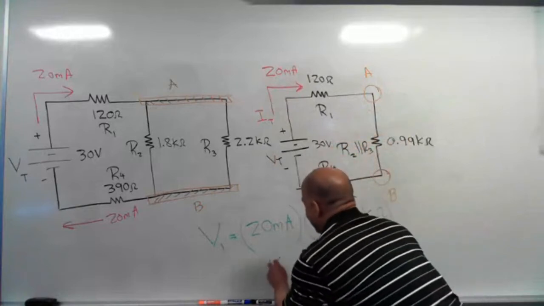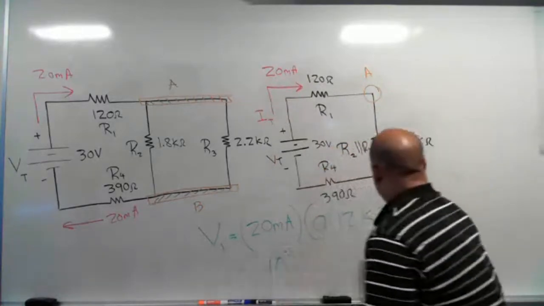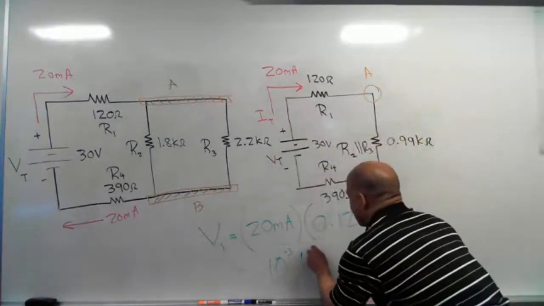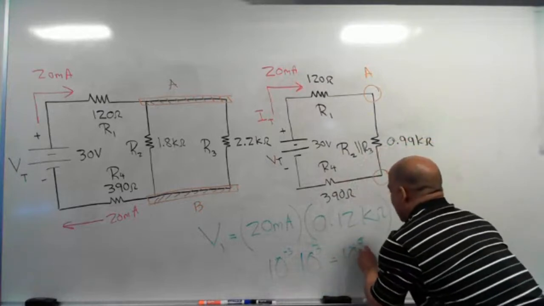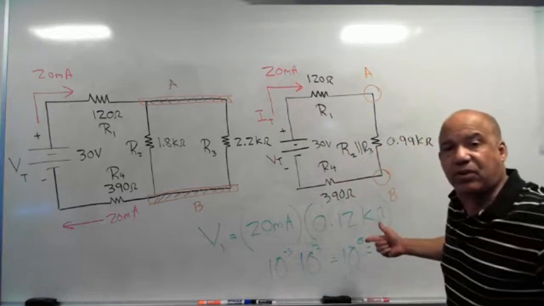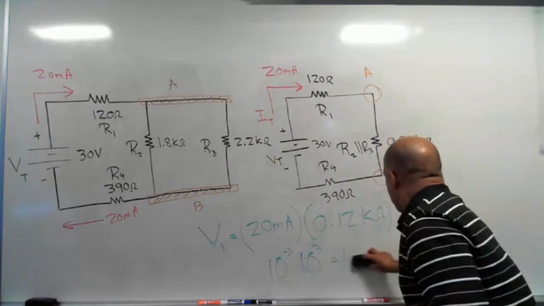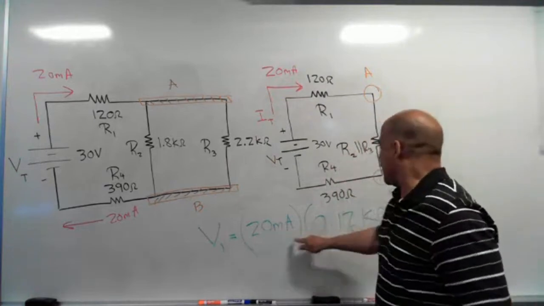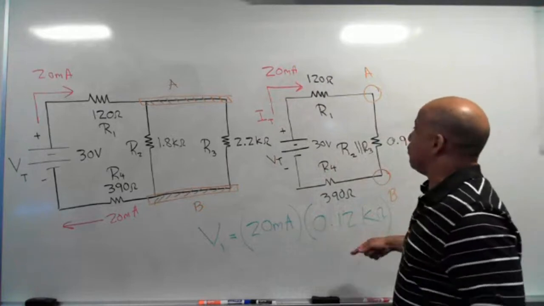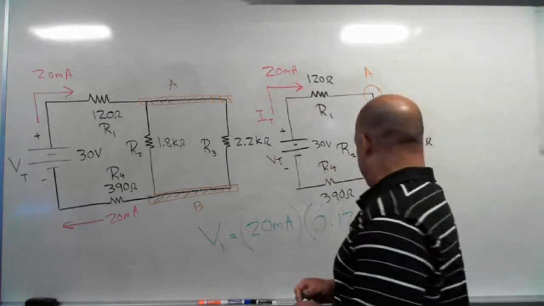The m is 10 to the minus third. The k is 10 to the third. When you multiply those together, you get 10 to the 0, which is equal to 1. So they cancel. If you multiply 20 times 0.12, what do you get? Tell me what you get.